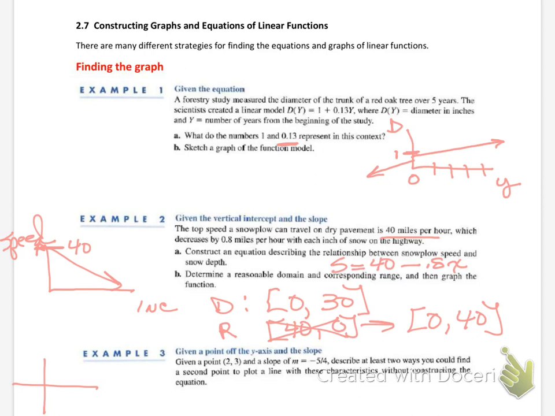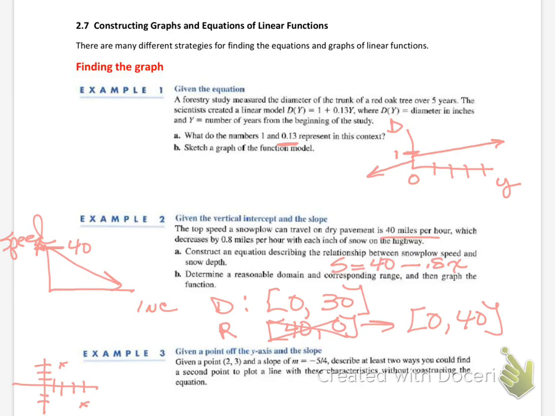This point is (2, 3), right here. If the slope is -5/4, then I would go down 5, so 1, 2, 3, 4, 5, and over 4: 1, 2, 3, 4. That would get me a second point. What's the other way you can do it?